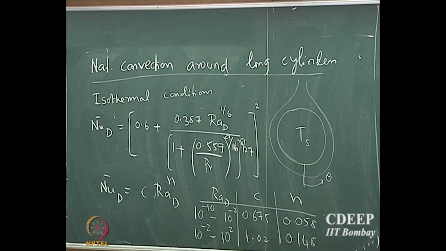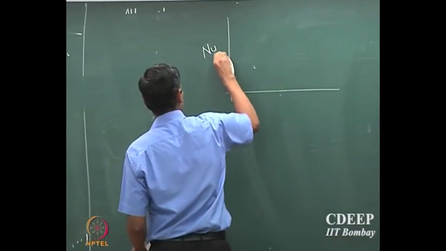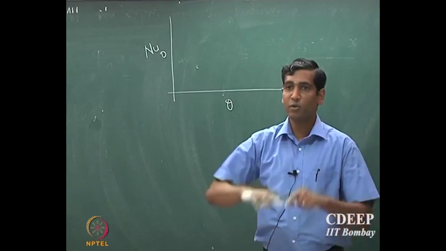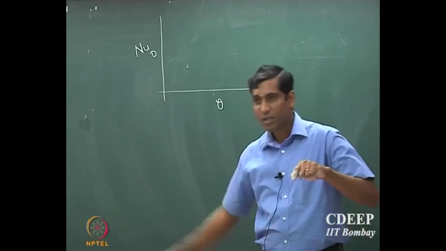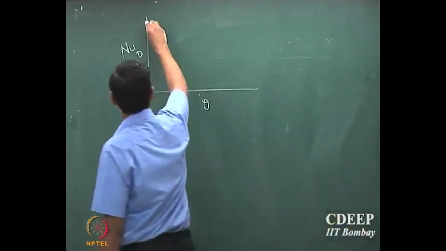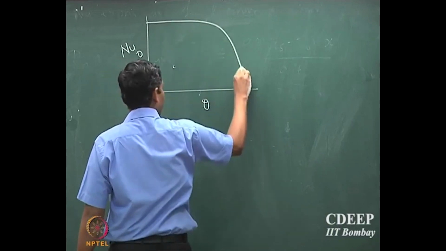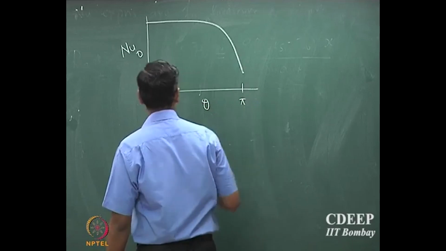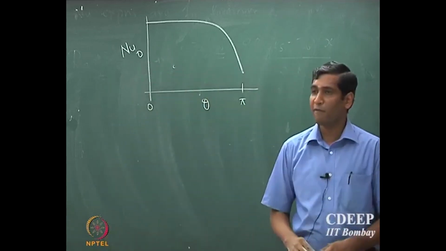Similar to what we saw in the cylinders, consider the Nusselt number versus theta. Remember, we saw that the Nusselt number increases and then it suddenly falls, and in a similar fashion you would expect that the Nusselt number between 0 and pi simply falls.